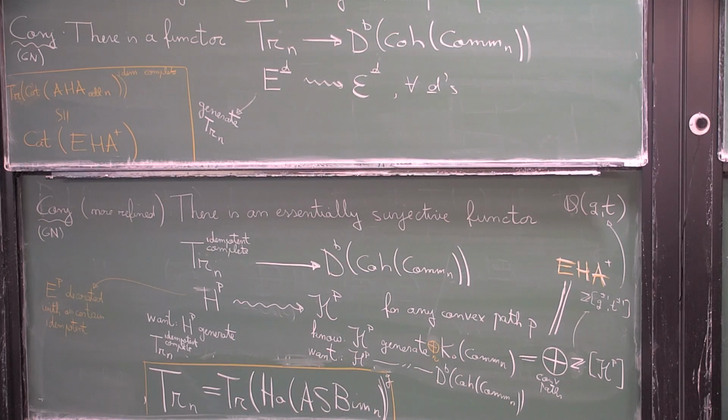Endomorphisms of that give a monoidal infinity one category, and I think this is TR for all n. So I think this is in range, and then one can hope that this somehow satisfies a universal property that characterizes it with respect to functors out of it. That would be great.